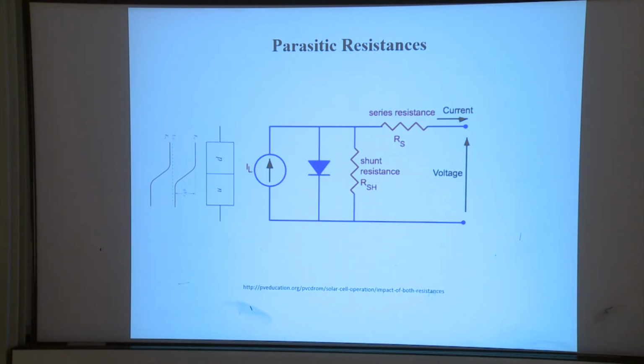We want our shunt resistance as big as possible. Now, how about series resistance? Yes, very good. We want it as small as possible. We want the voltage and energy to be consumed only in the load, the output load, without being consumed inside the internal circuit. So we want the series resistance as small as possible.